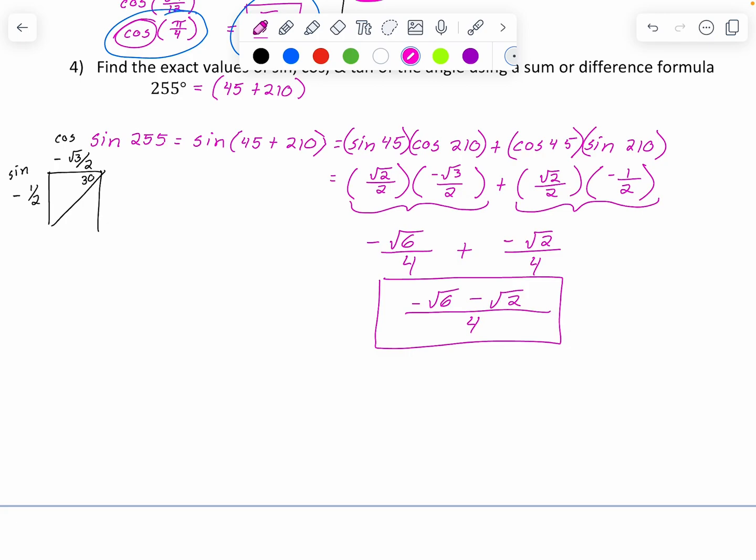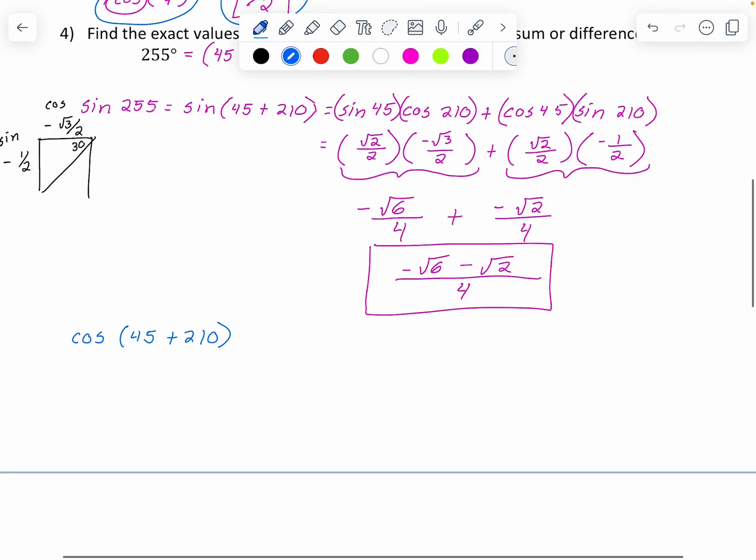All right, now next we want to do cosine of 255. So then for cosine, we're still using 45 plus 210. So we're going to do cosine of 45 plus 210, because we're still doing an angle of 255, so 45 plus 210 is 255. Then, according to our sheet, we've got cosine of a sum.